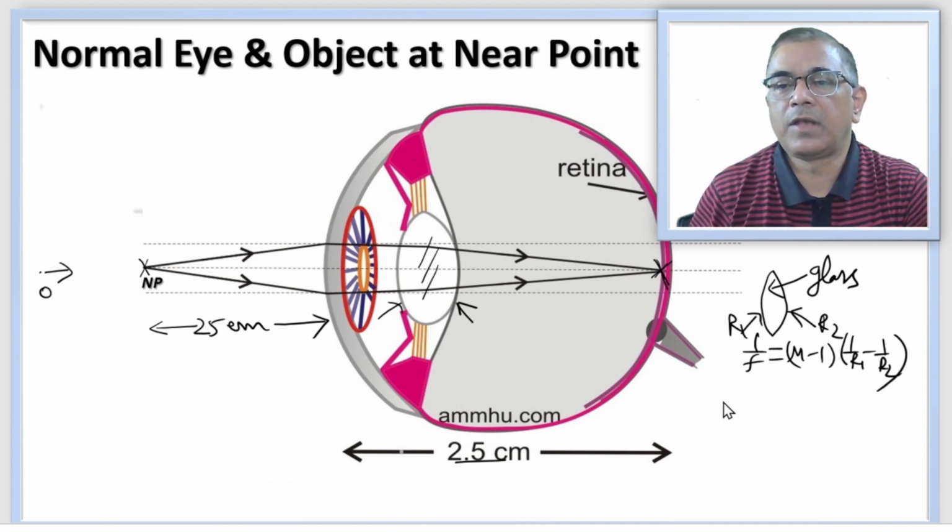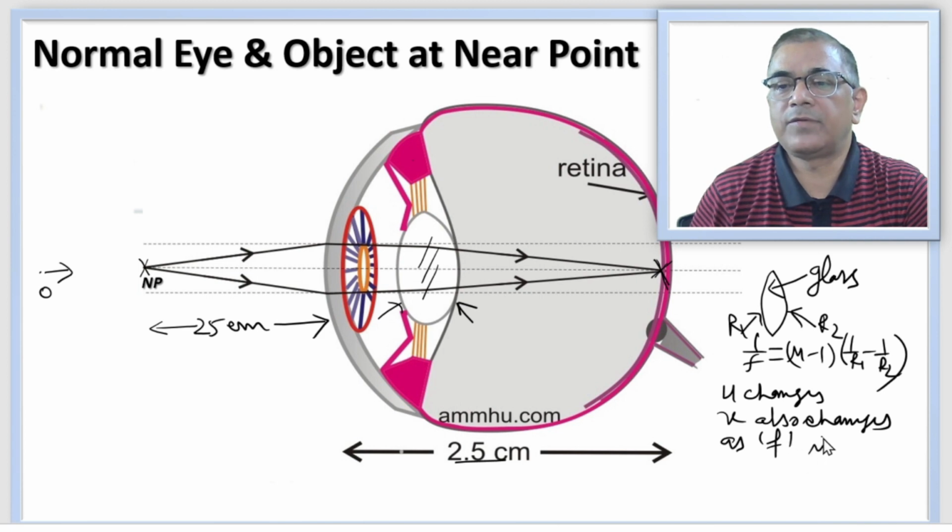In this case, when U changes, V also changes as F, the focal length, is fixed. Just see this lens formula: 1 by V minus 1 by U is equal to 1 by F. Now as U changes, V also changes because the focal length is fixed.